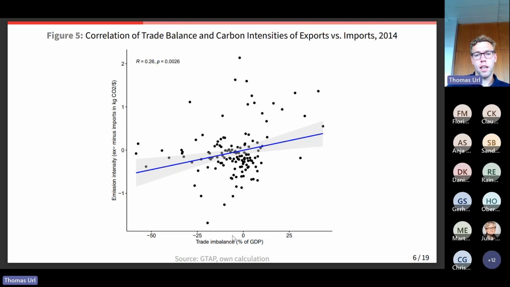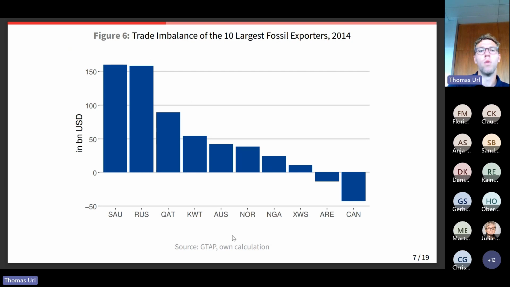Another important thing is that trade is not only about the emission intensity of the goods that are traded, but also about the goods that cause carbon emissions, namely fossil fuels. When you look at the largest fossil fuel exporters, 8 or 9 out of 10 are running a substantial trade surplus: Saudi Arabia, Russia, Qatar, Kuwait.